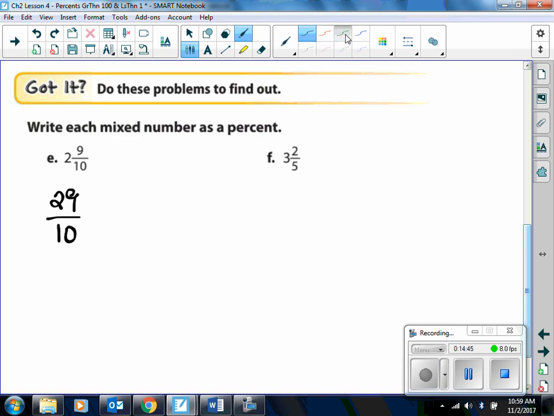So what am I going to do with that denominator 10? Multiply times 10. Very good. Multiply times 10 there in the denominator and in the numerator. So when we do that, we end up with, very good, 290 over 100. That's 290 per 100. So, as a percent, this is 290%.